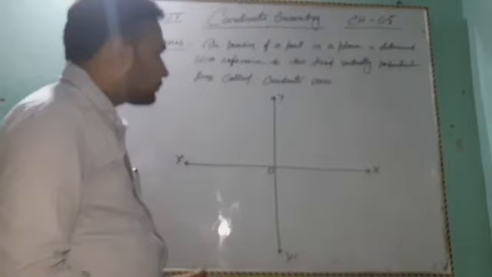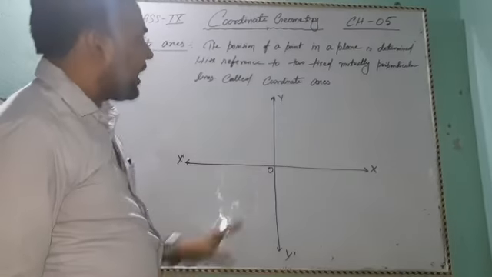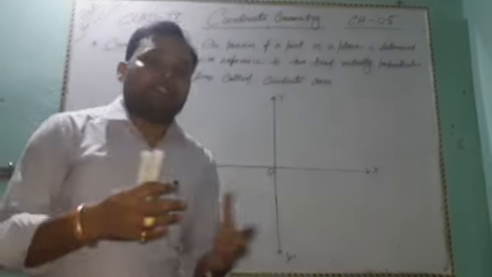So these two lines are called coordinate axes.